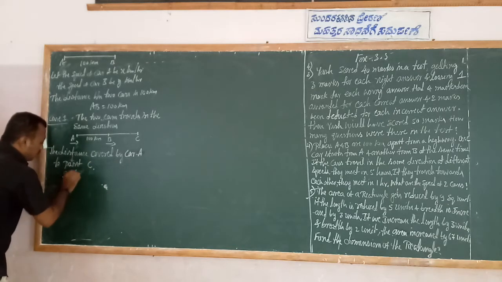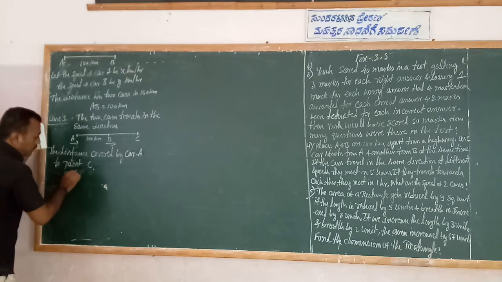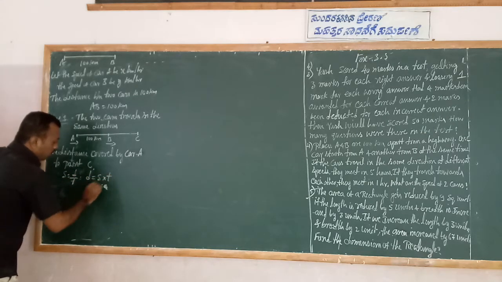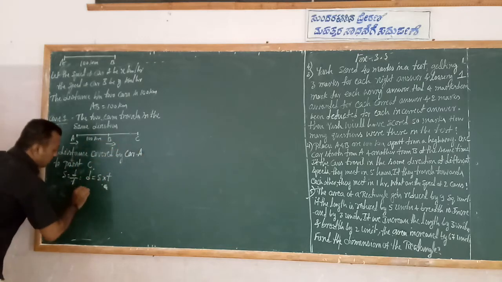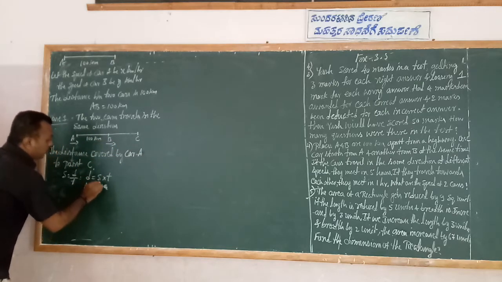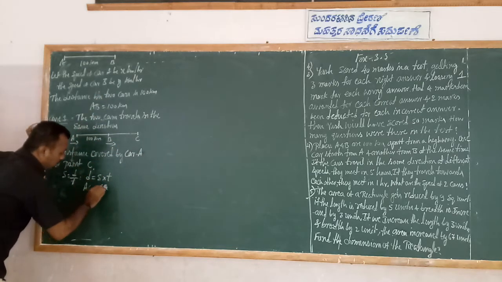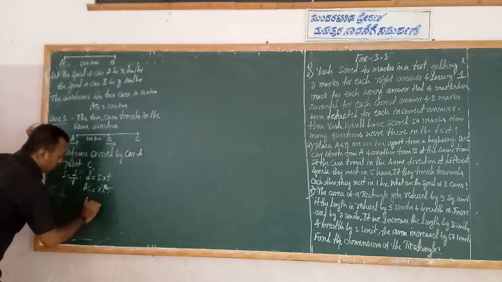To get the distance, d is equal to S into t. What is the distance? We don't know. That is called AC. And the speed of car A is x kilometer into time 5 hours. Therefore AC is equal to 5x.